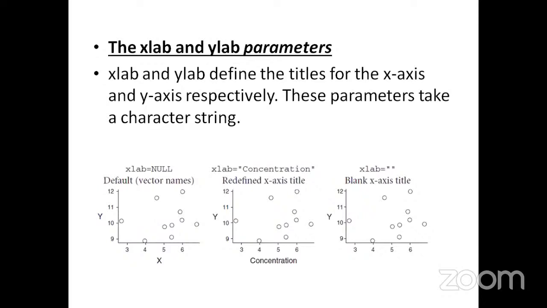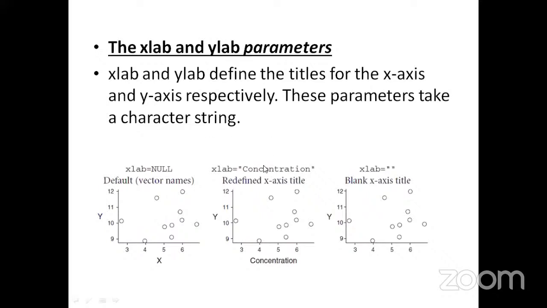Blank means nothing is given on the x-axis. And the y-axis is not defined, so it has taken the default. Here you have defined the x-axis as concentration. This takes only string characters.